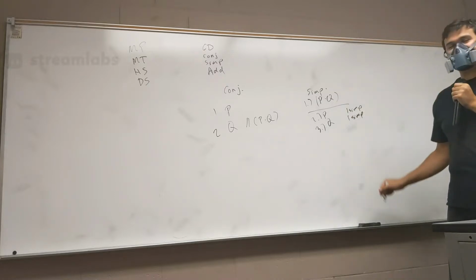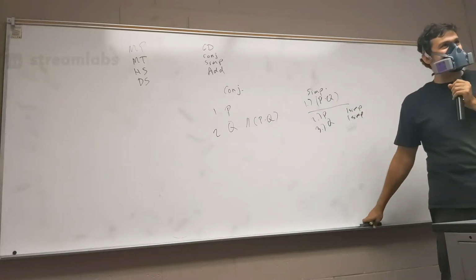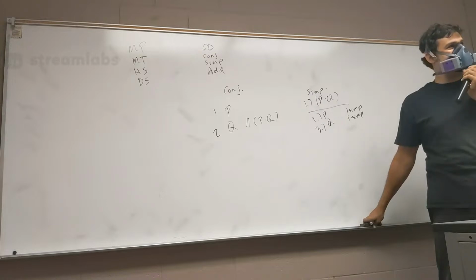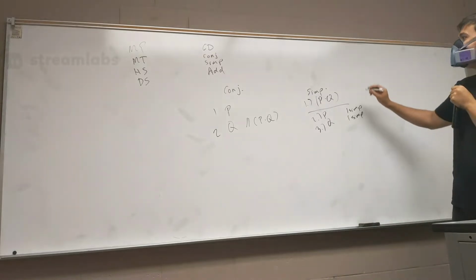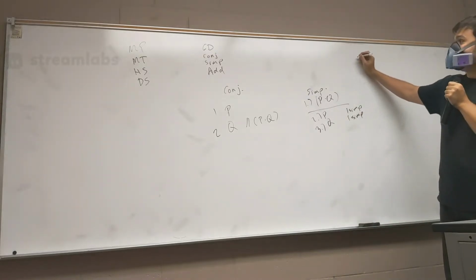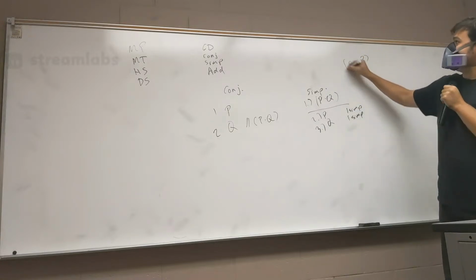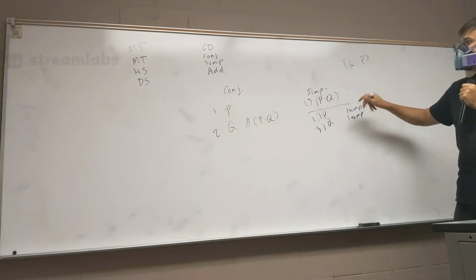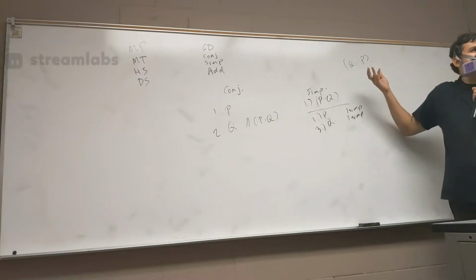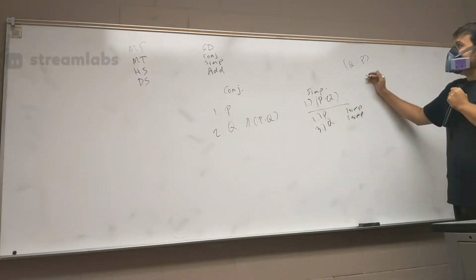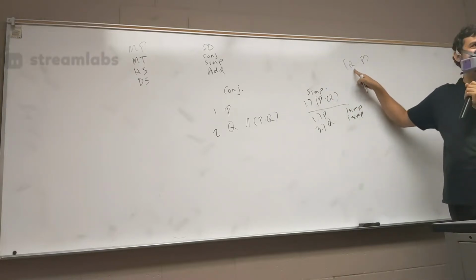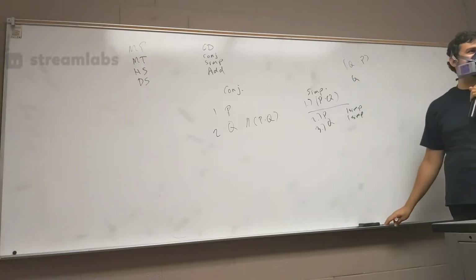Now, there is actually a kind of weird thing about the book. They don't want you to only simplify for P. They want you to first have a rule that says this is the same as this, because the order doesn't matter. They're both still true. It's the same exact thing, just in a different order. So I have to move this to the left first to derive Q from it with a simplification.